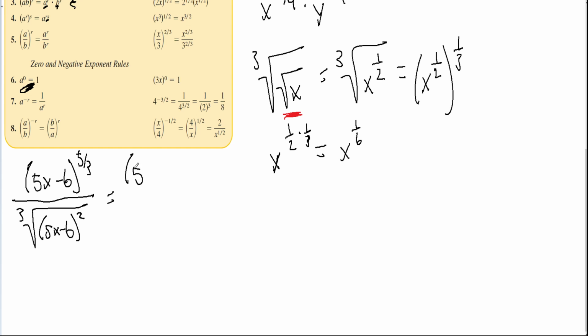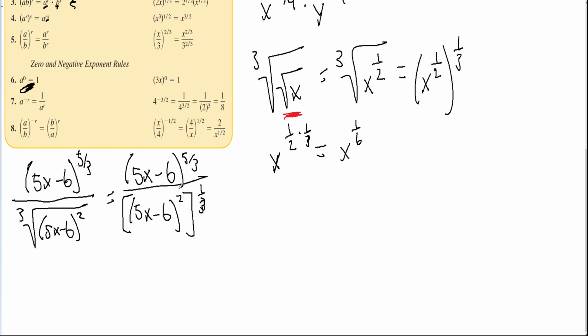So I have 5x minus 6 raised to the 5/3 divided by 5x minus 6 squared, which is raised to the 1/3 power, okay? And this is an application of rule number 4.